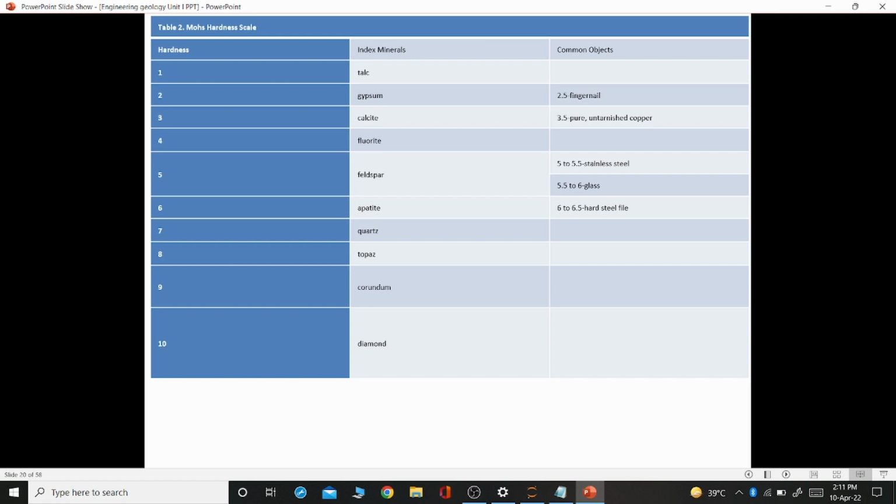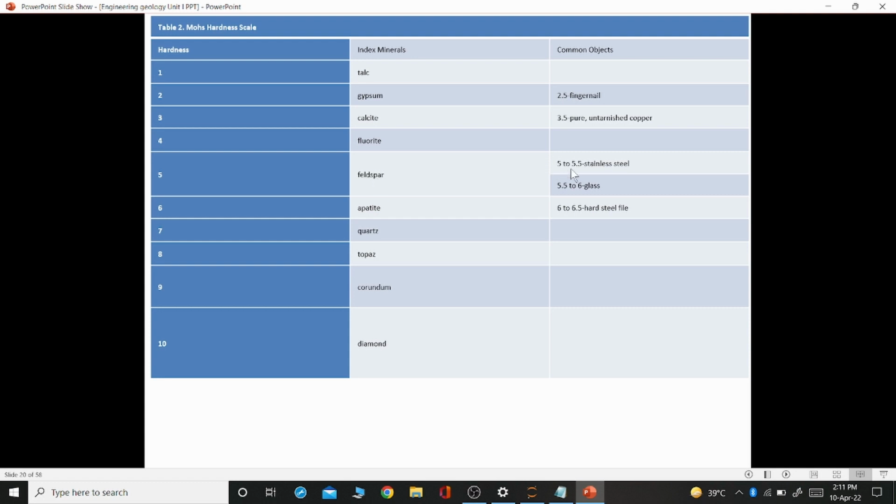So, the Mohs scale of hardness. First one, talc, that is the index mineral, then 2, gypsum. But if we rub gypsum with our fingernail, we get a hardness of 2.5. Calcite 3, 3.5 pure untarnished copper, fluorite 4, apatite 5.